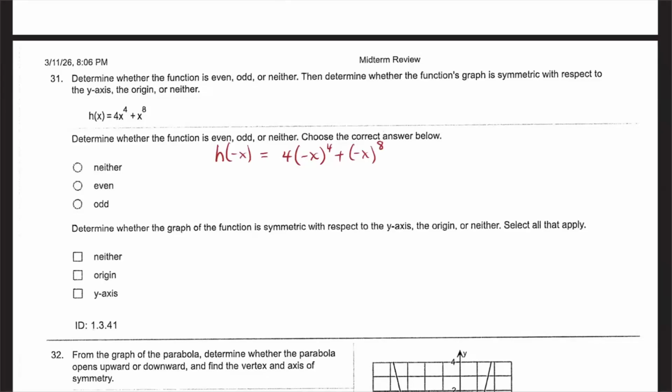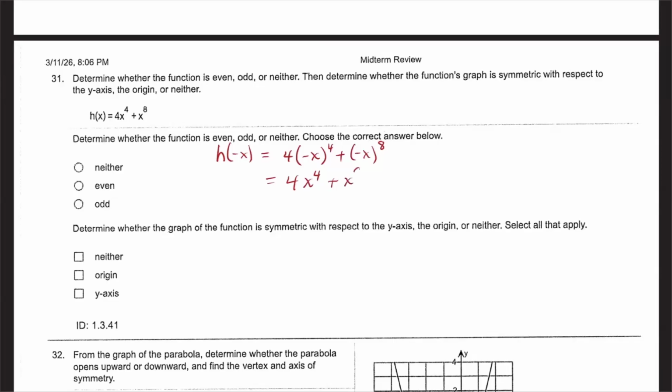Well, we have 4 times what? Well, again, negative x to the 4th power is going to become positive x to the 4th. And then plus negative x to the 8th power is going to be positive x to the 8th.